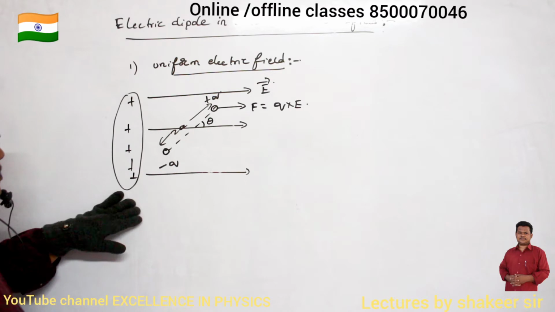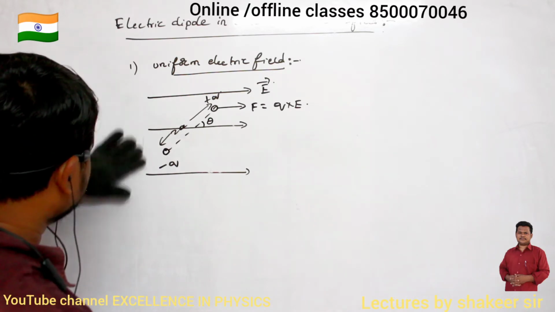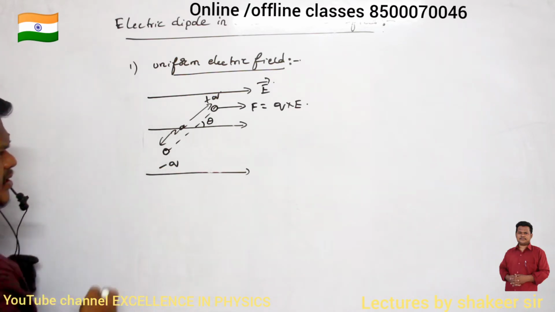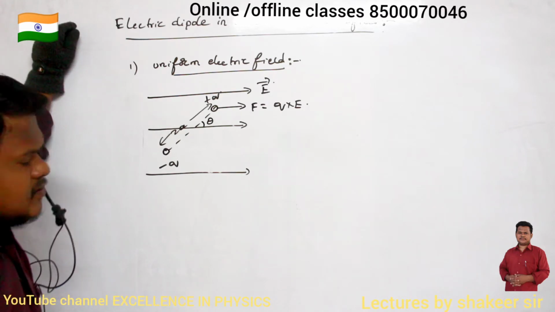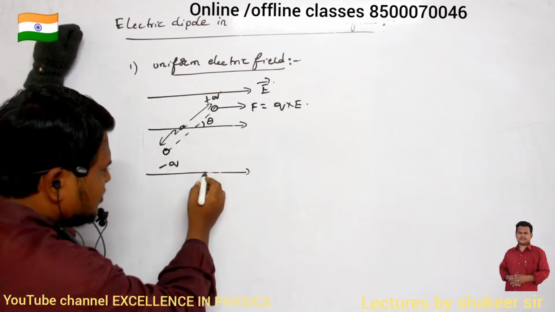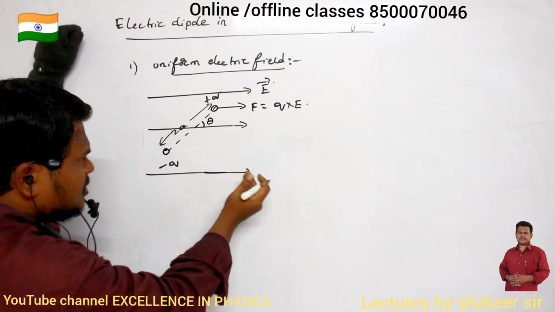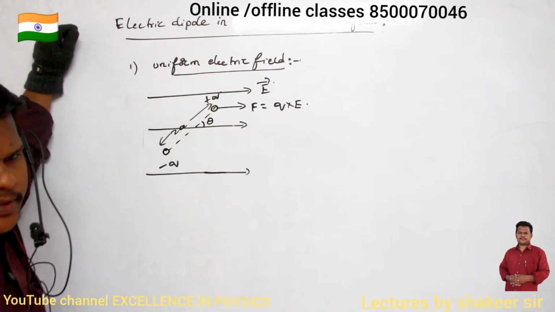Clear? Similarly, here we have a negative charge. Will this negative charge experience a force of attraction or repulsion? Force of attraction. It means the force will be opposite to the direction of the electric field.